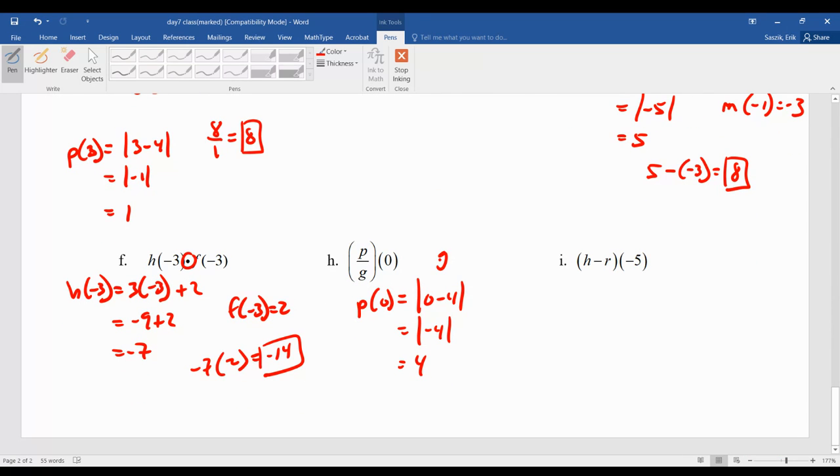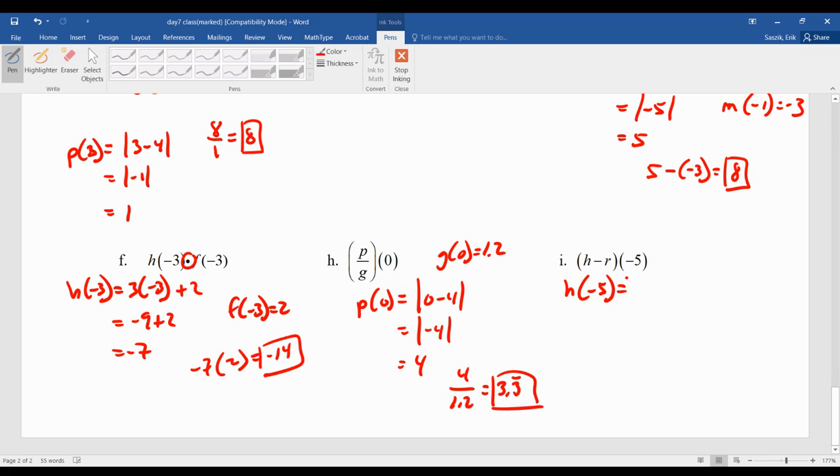Maybe G of 0 is about 1.2. So I'm going to have to take out the calculator here, right? That's okay. 4 divided by 1.2, and you get 3 1/3, 3.33 repeating. I just estimated the 1.2 on that, just so you know.